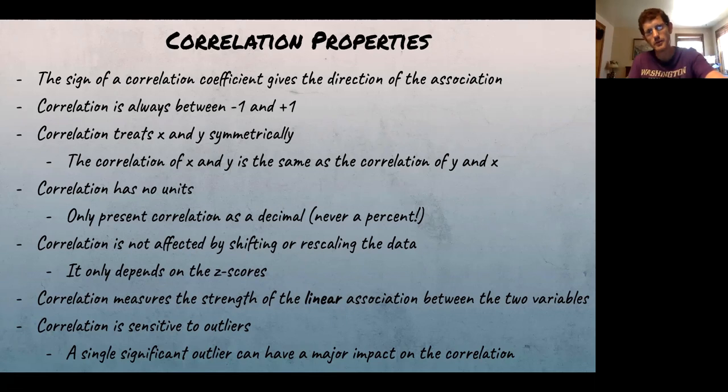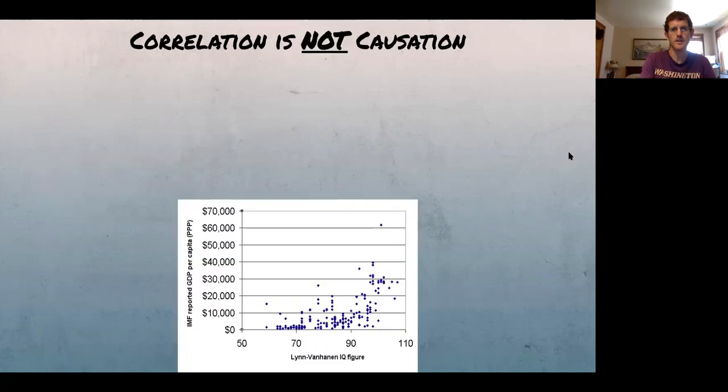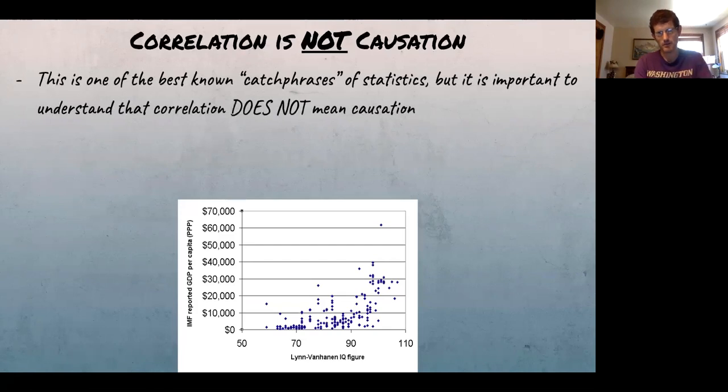And you have to think through all the properties and which property is being violated by this scenario. Oh, well, this is nonlinear, so correlation doesn't work. So they're trying to find the correlation of nonlinear associations. Hopefully that's making a little bit of sense of where those properties will come into play, but make sure you do know those.